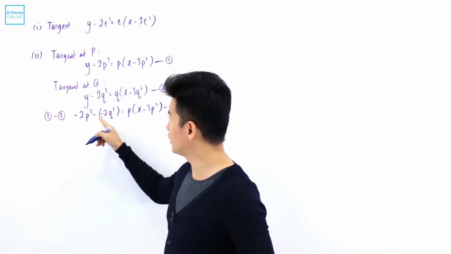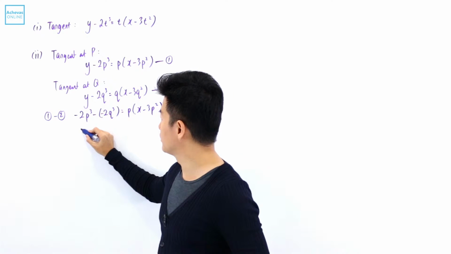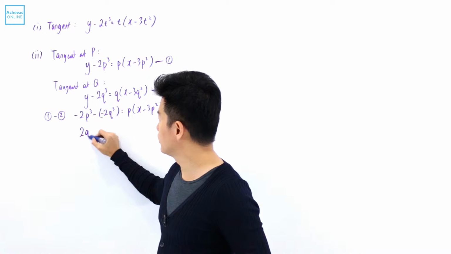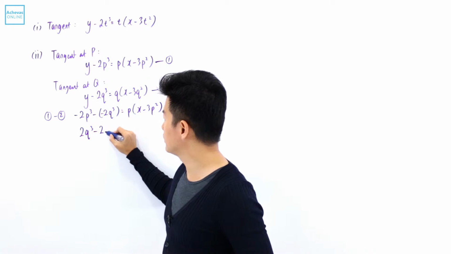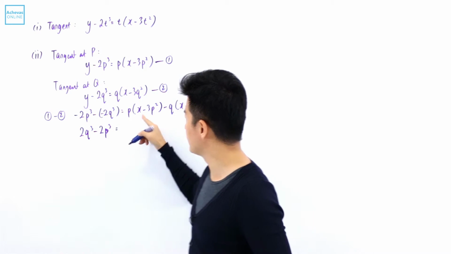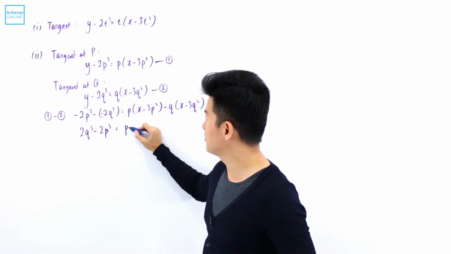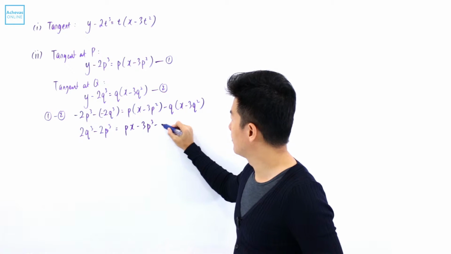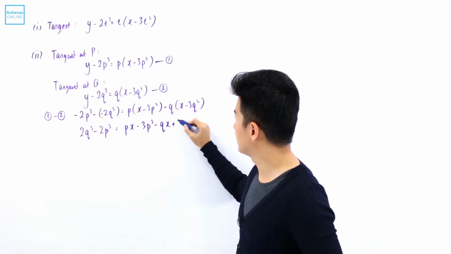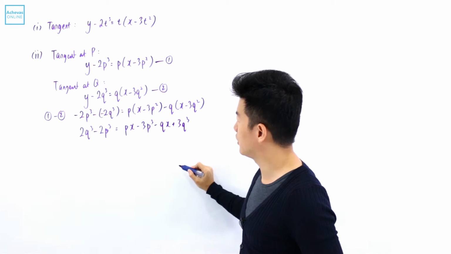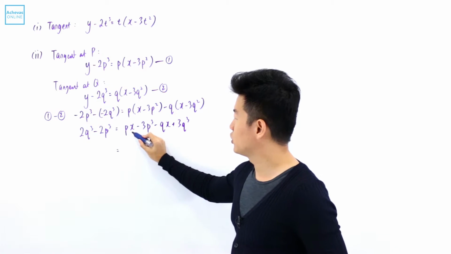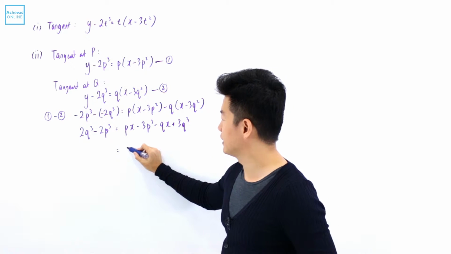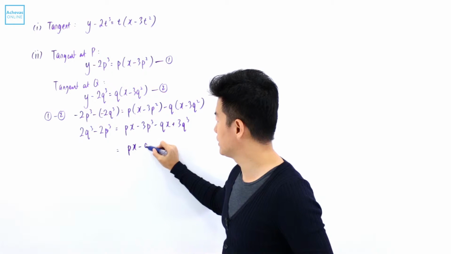What I have on this side is going to be equal to 2q to the power of 3 minus 2p to the power of 3. And what I have here is px minus 3p squared minus qx plus 3q squared. Okay, so leaving x on this side, it is going to be px minus qx.